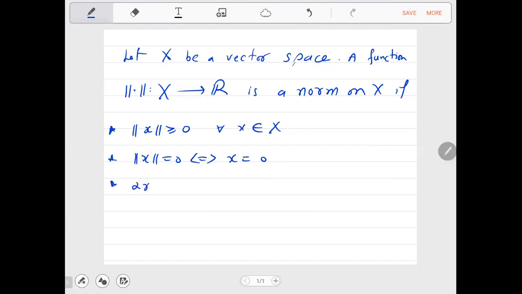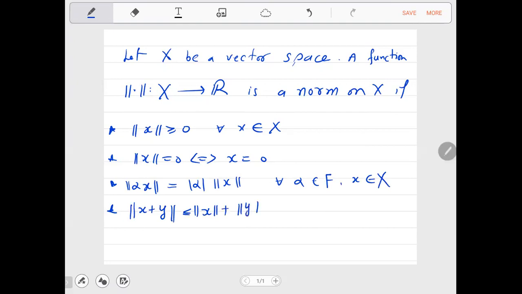And norm of alpha times x is equal to the absolute value of alpha times norm of x, for all alpha from the field and x belonging to X. And then we have the triangle inequality: norm of x plus y is less than or equal to norm of x plus norm of y, for all x, y in X. These properties must be satisfied before we call the function a norm.